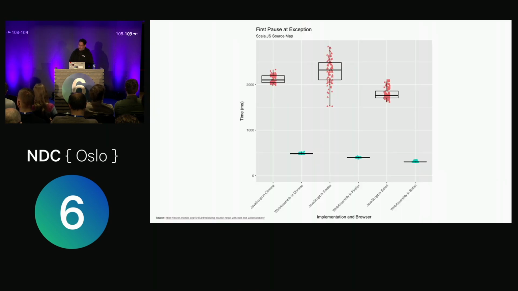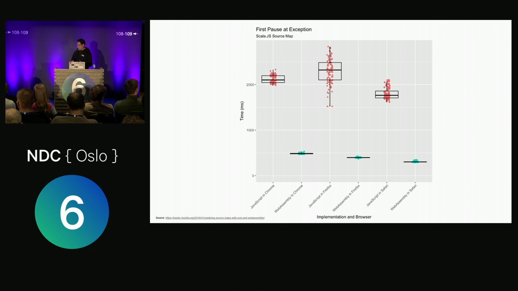And here there are some people who have done some tests. They have run some calculations in JavaScript, in Chrome, in Firefox, and in Safari. And then they've compared that to the execution time if you run the same thing in WebAssembly, in Chrome, in Firefox, and in Safari.